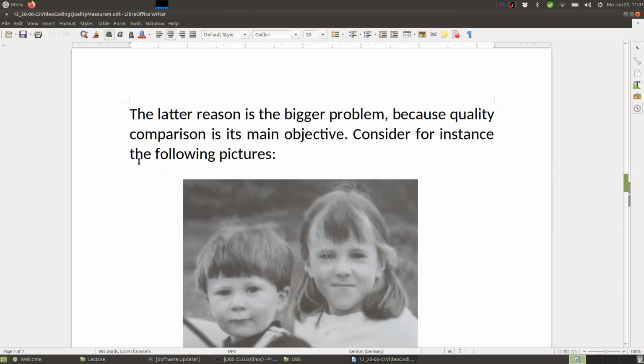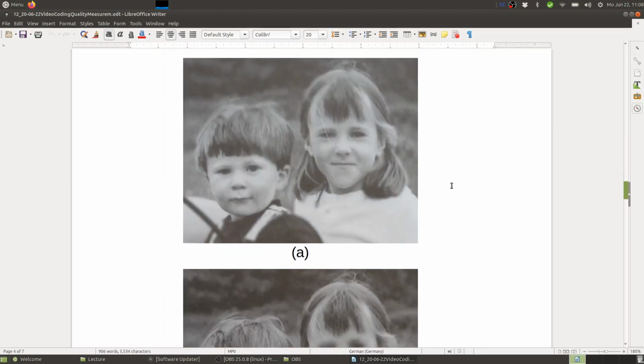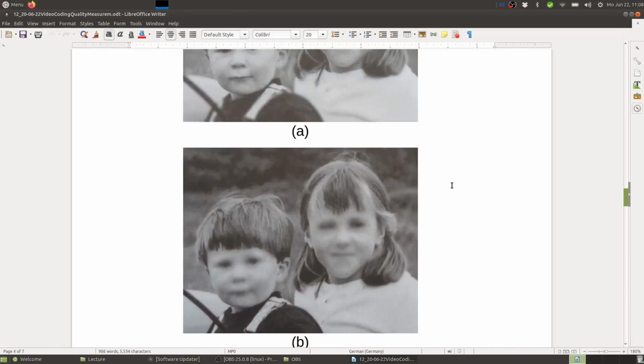Yeah, so this latter reason, the B, is the bigger problem because quality comparison is its main objective. So here you can see why the absolute value of the PSNR or the mean squared error doesn't say too much. Relatively it says more when you have the same type of artifacts, but the absolute number doesn't say much. So here you have two pictures, A and B, and they have almost the same mean squared error.